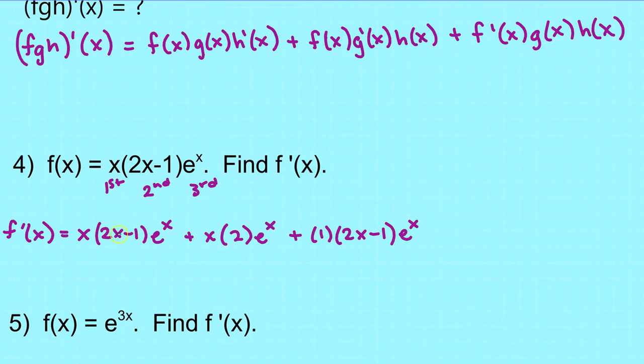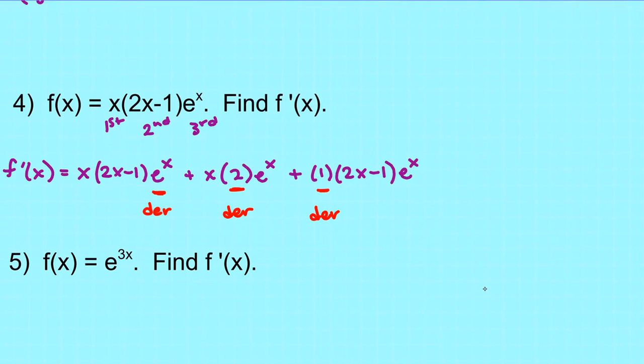So the e to the x was a derivative in the first one, the 2 was a derivative in the second one, and the 1 was a derivative in the third one. And then from there, you could multiply it all out and combine like terms, but I think for now I'm just going to leave it because I know this video is getting a little long, and I don't think that's the main point of the problem.